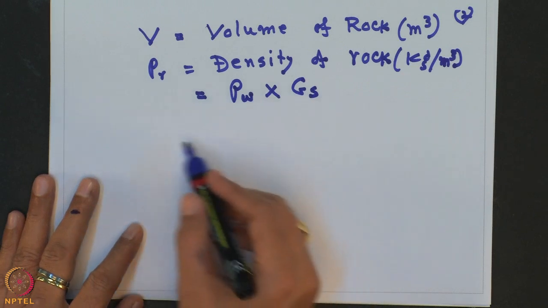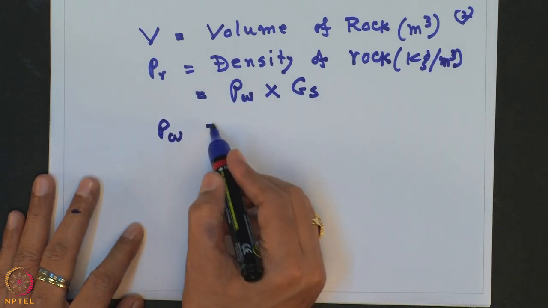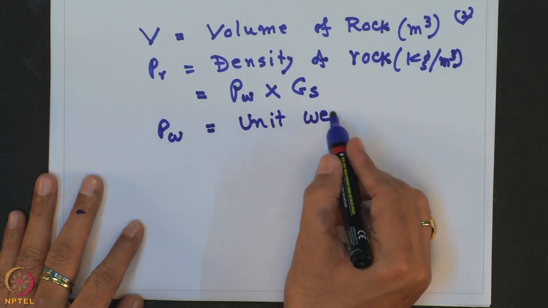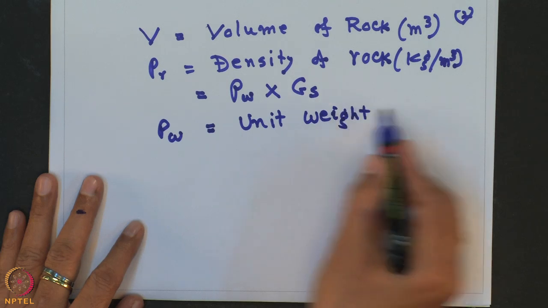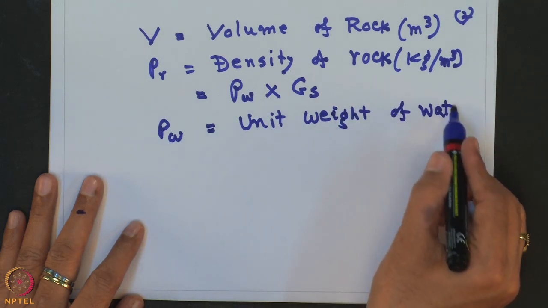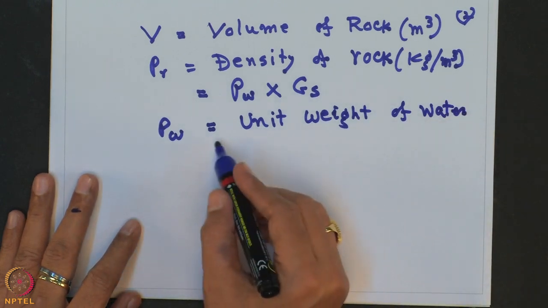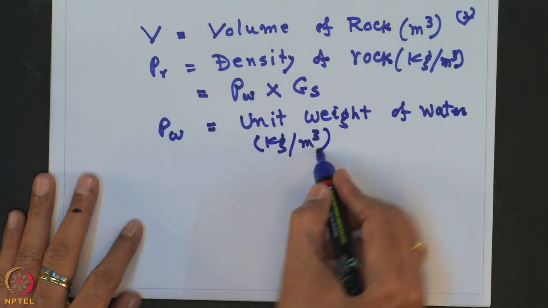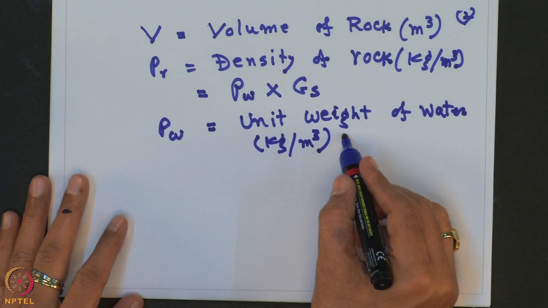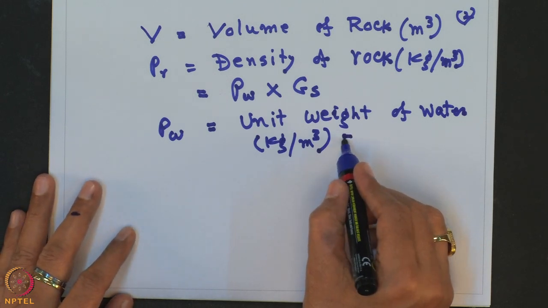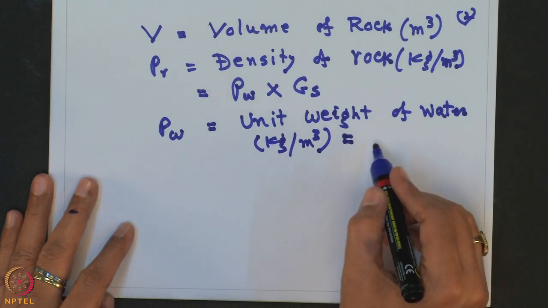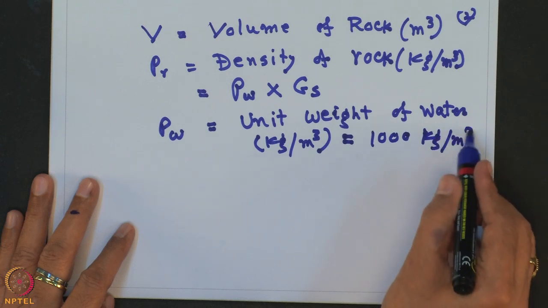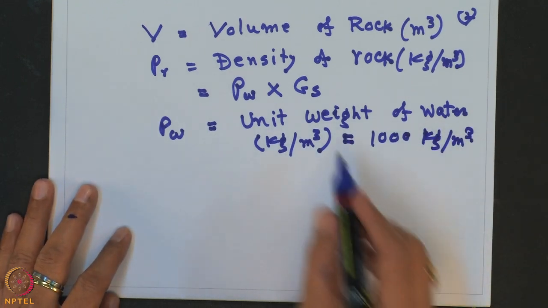Now, what is rho w? Rho w is the unit weight of water, and that is designated in kg per meter cube, equal to 1000 kg per meter cube, and this is Gs.